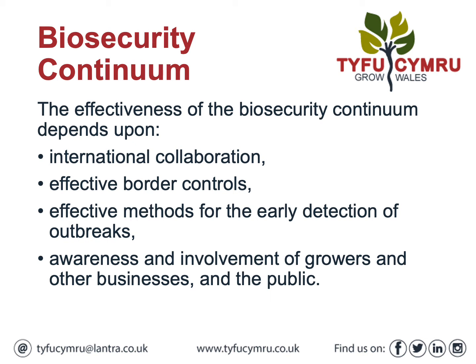So you can see that for success in biosecurity, there needs to be international collaboration, government cooperation, inspection, detection, and understanding by all those parties that are involved in biosecurity.